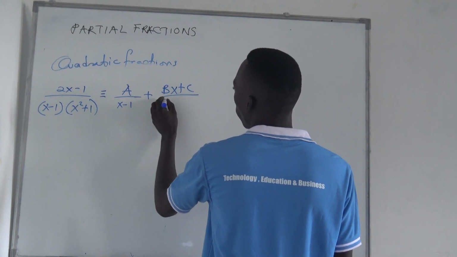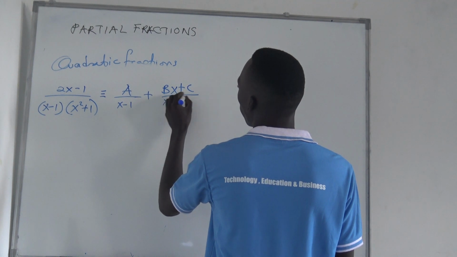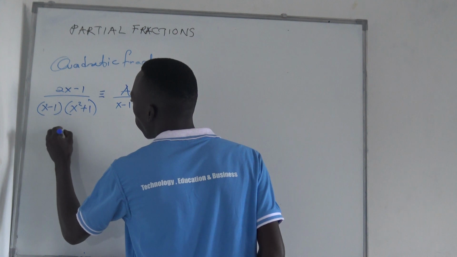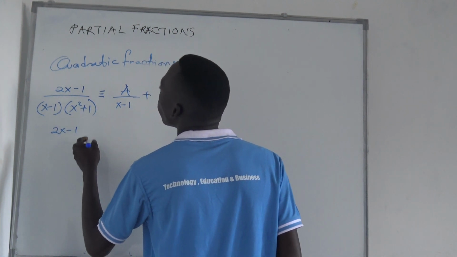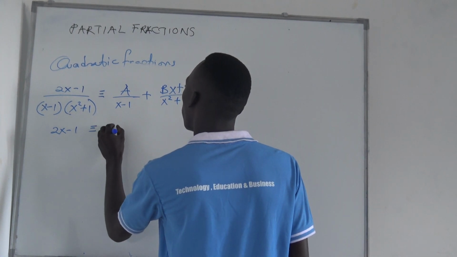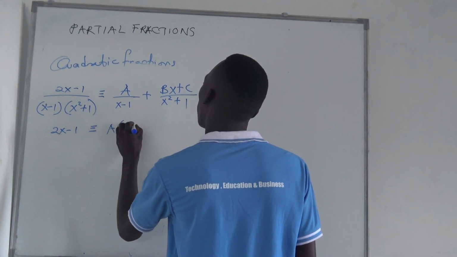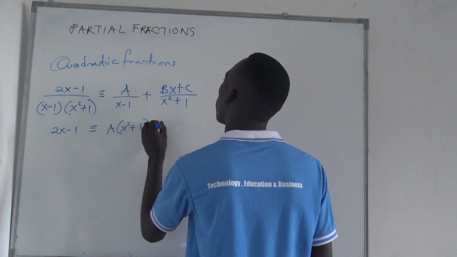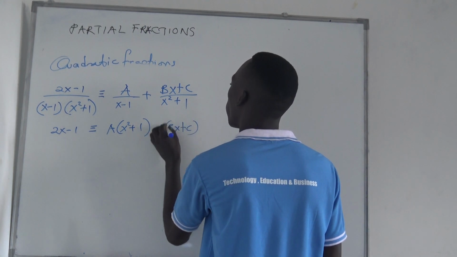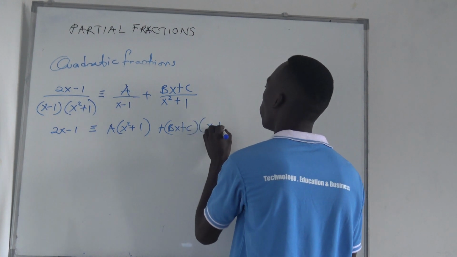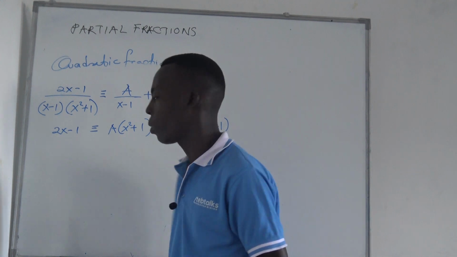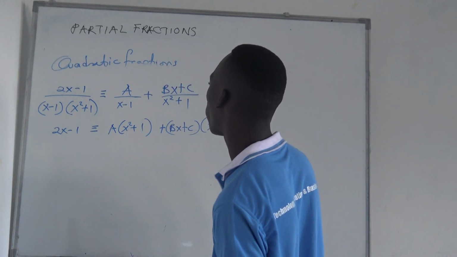So we continue: 2x minus 1 is equivalent to, getting the LCM, A into x squared plus 1, then plus Bx plus C, then times x minus 1. So that is what we have to consider when dealing with this.